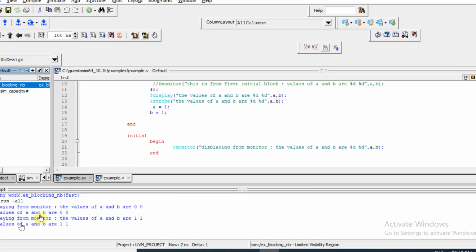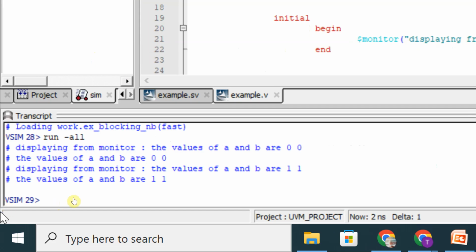So what I'm getting here, can you observe? Displaying from monitor, the values of A and B are 0, 0. And again I am getting displaying from monitor, the values of A and B are 1, 1. Can you see the difference between $display, $strobe and $monitor? $monitor will keep on monitoring my values of A and B. That is, if there is any change in the A and B variables, then it will display.